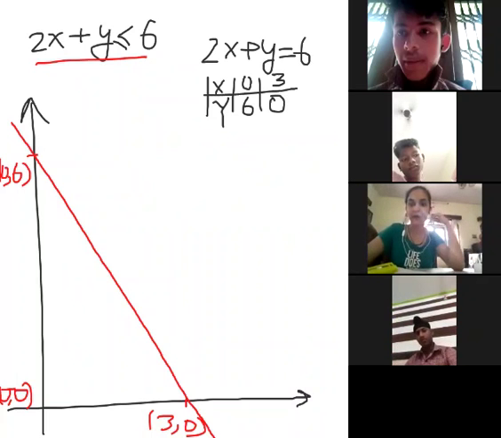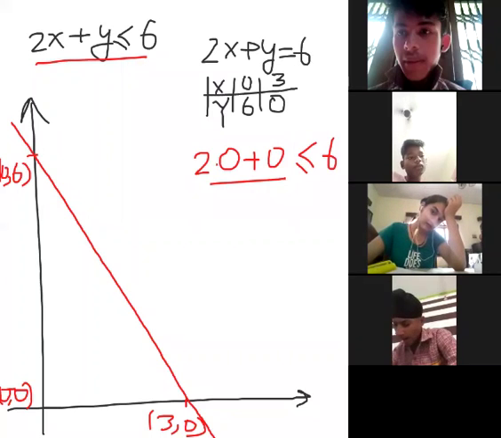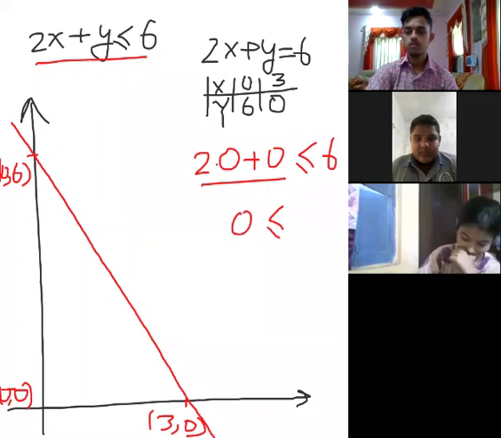So 2 into x as 0, and y as 0, is less than or equal to 6. So it will be 0. 0 is less than or equal to 6 is true. If it is true, then shading will be towards that point. Towards that point means shading will be towards the origin.